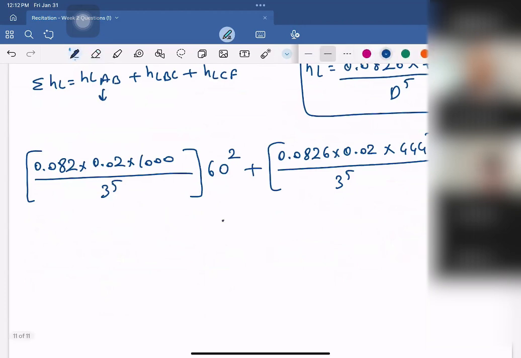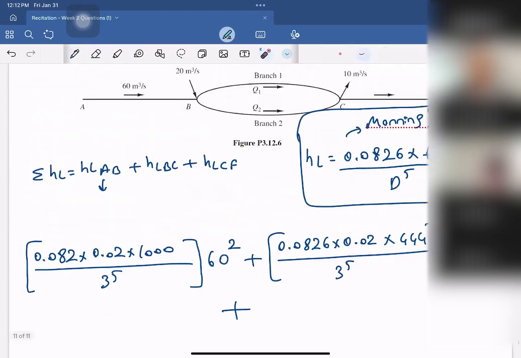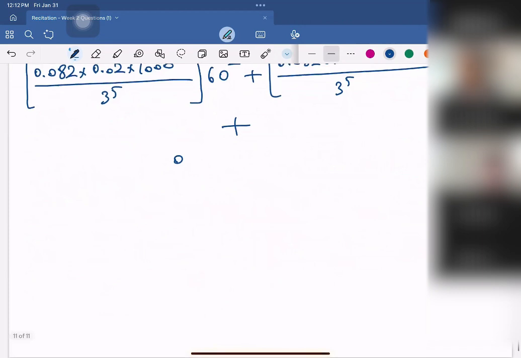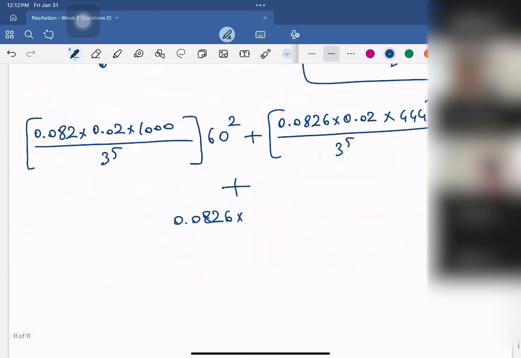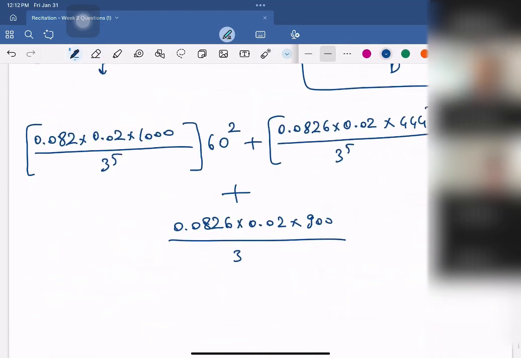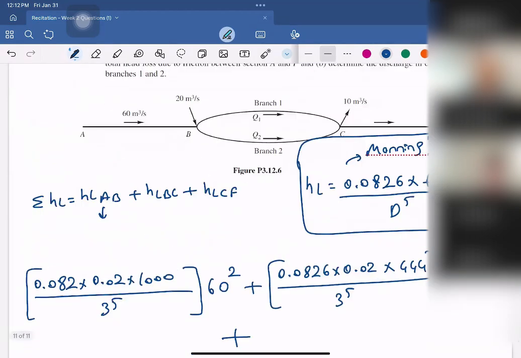Finally, we can calculate the head loss from C to F. Similarly, the length is in meters and the diameter is 3.